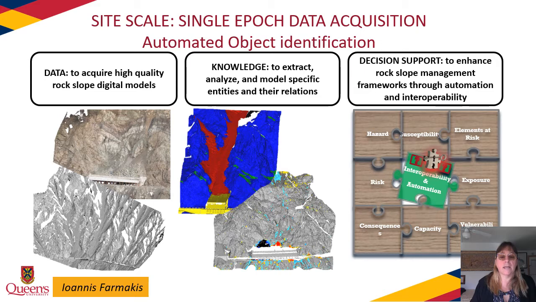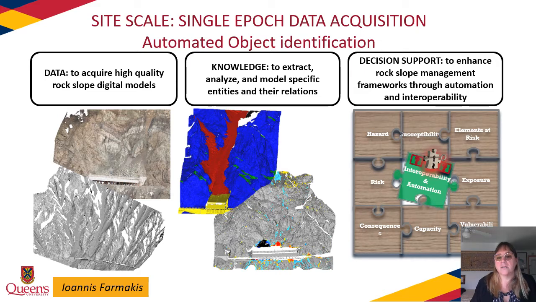When working with data from a single acquisition at site scale, we can start to extract information that helps us in our decision making. This is work ongoing by Yannis Farmakis, who is a PhD candidate in my group. Here we see on the left the data acquisition that we've already been talking about, and what he's working on is our ability to extract knowledge from these images to define specific entities on slopes.